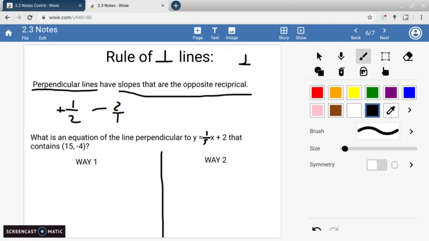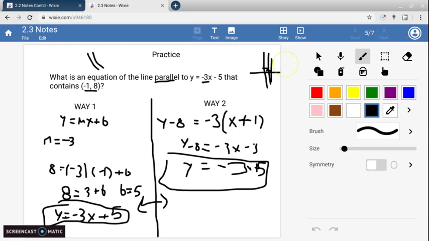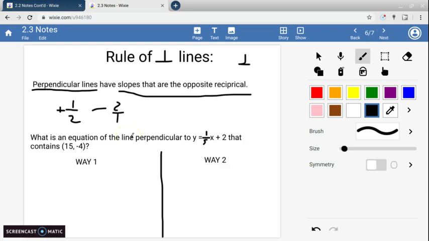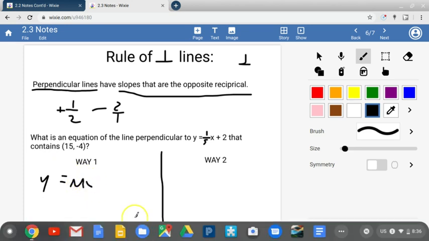So for this case, I'm not going to write down all the steps, but you pretty much would solve the same way as in this example. But I will tell you what the answers would be. What you would do for this one is the same thing where you plug in, if you're doing the way we use y equals mx plus b.